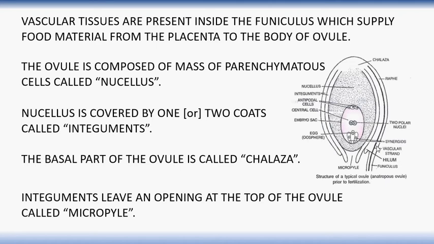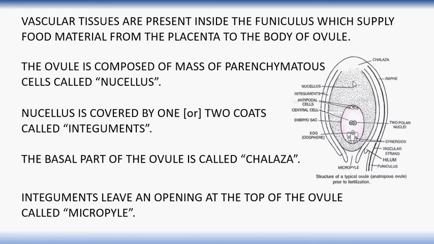Let's see the photograph. So now the funicle, this region, consists of vascular tissue, nothing but xylem and phloem, which are helpful for supplying food and water to the ovule from the placenta.